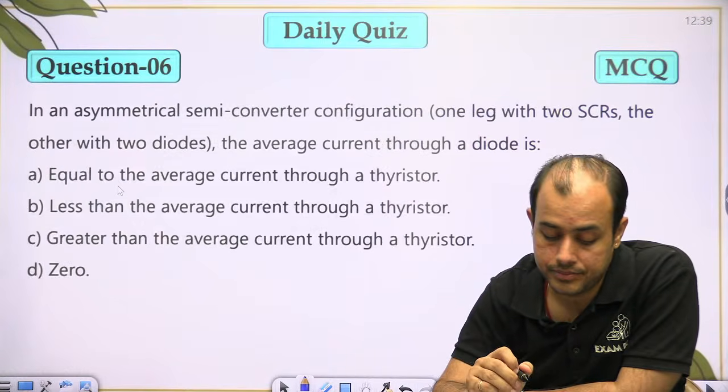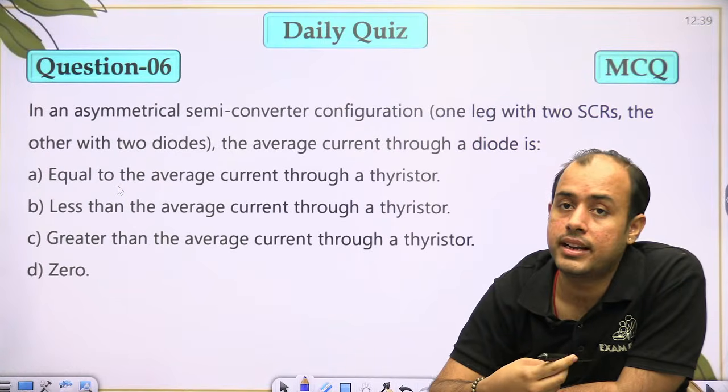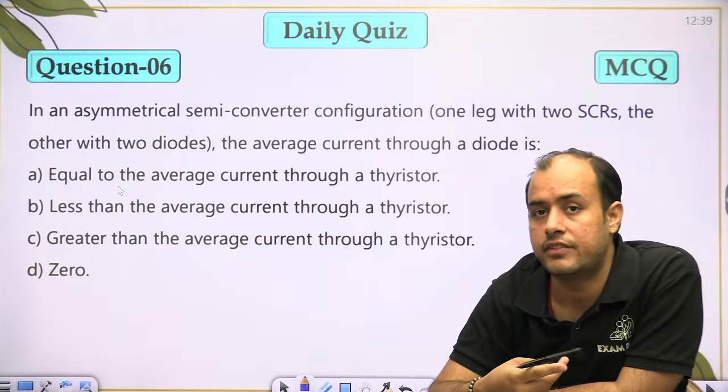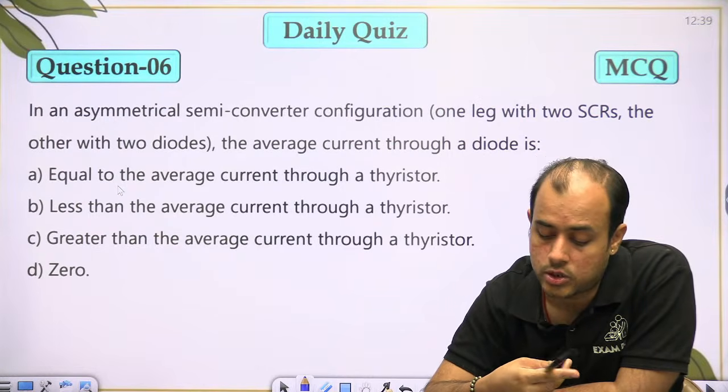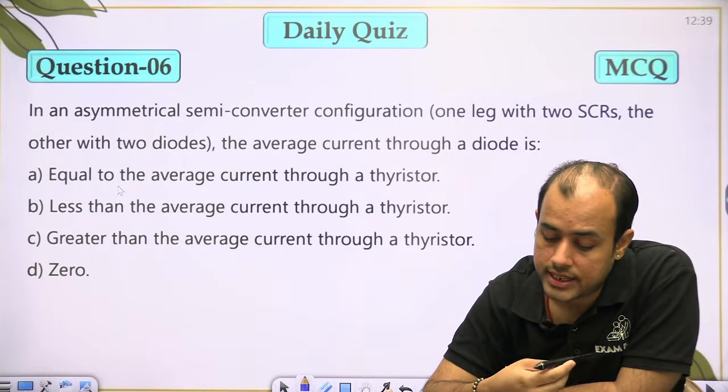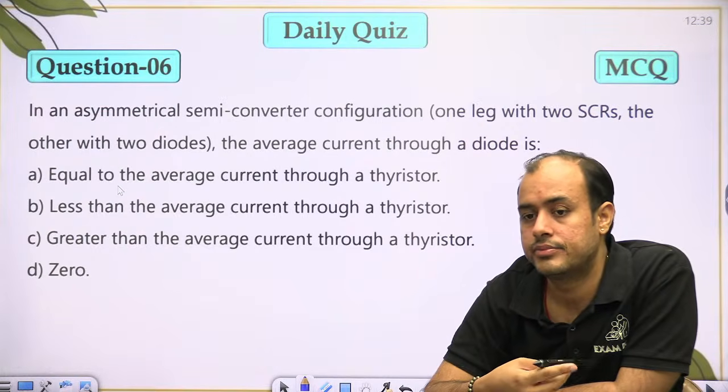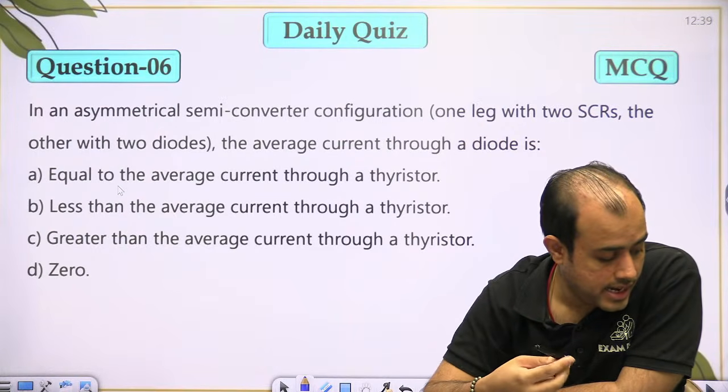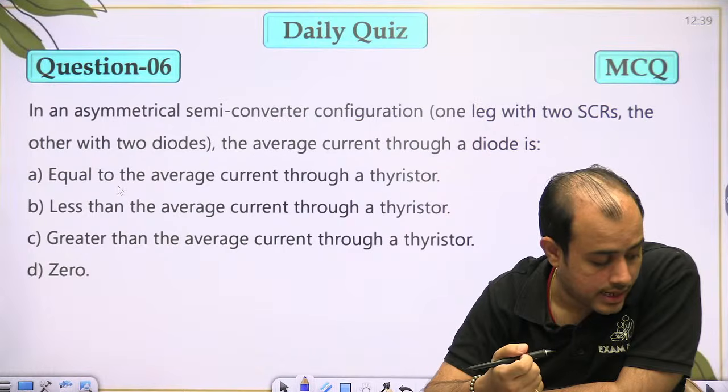In asymmetrical semi-converter, one leg with 2 SCR, other leg with 2 diode. Average current through a diode is? बताइए.